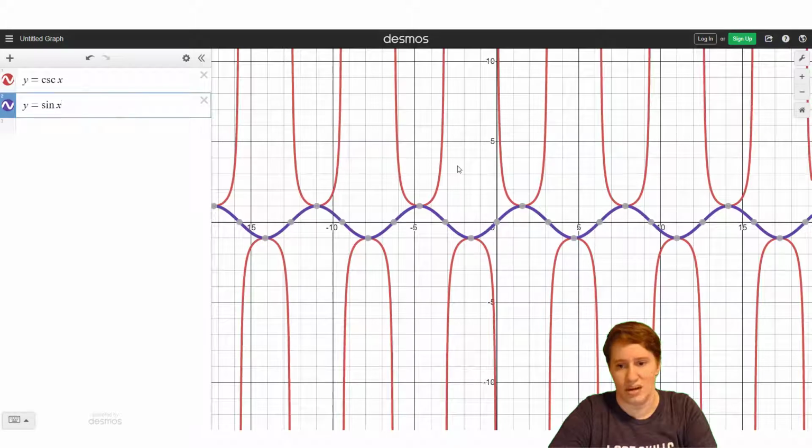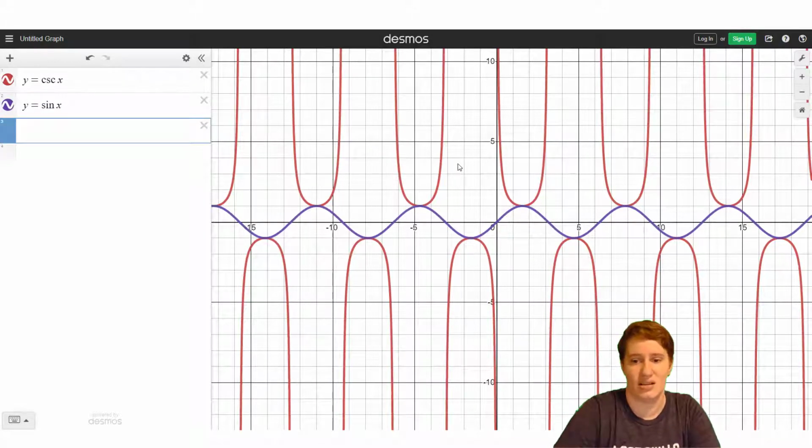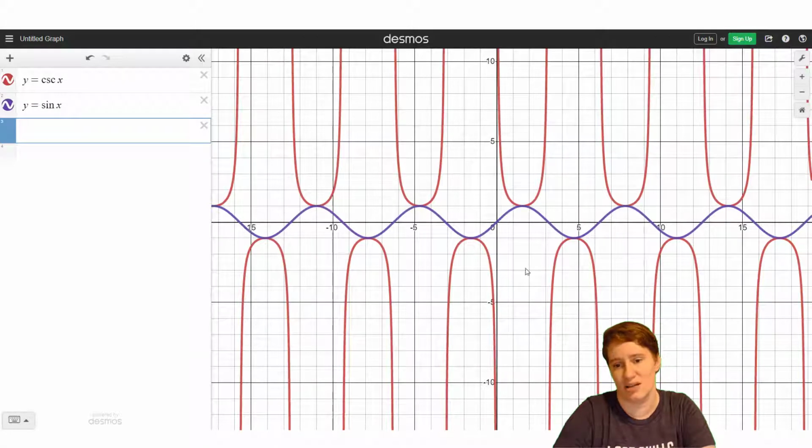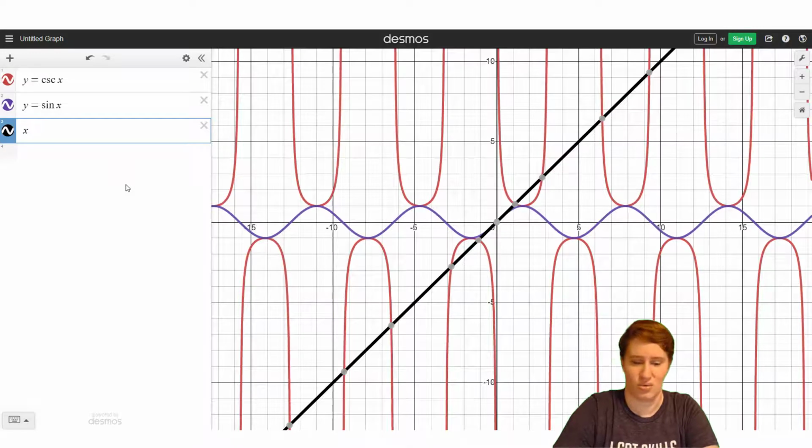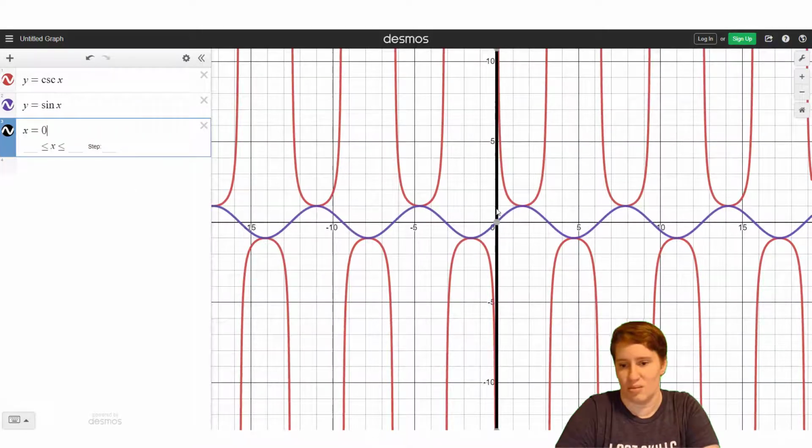For these graphs we also have vertical asymptotes, an imaginary line that our graph approaches but doesn't cross. We have one right here at x equals 0. See how the red is going towards it, but even though it looks like it gets really close, it would never actually touch that line. We can't plug 0 into cosecant at all, because that would mean we were dividing by 0. So we have an asymptote at 0.